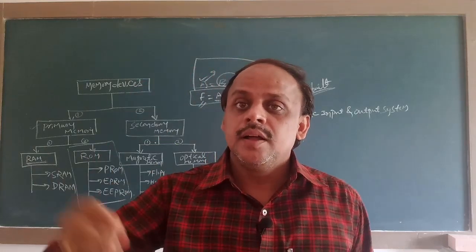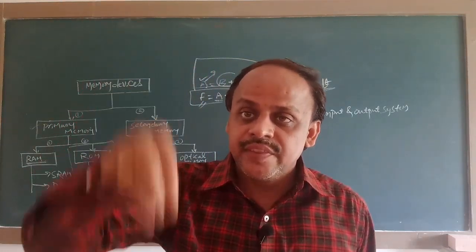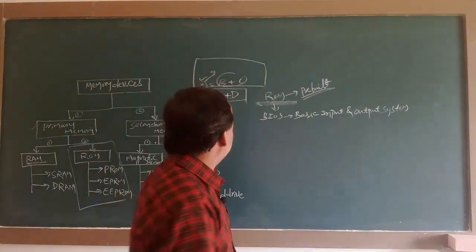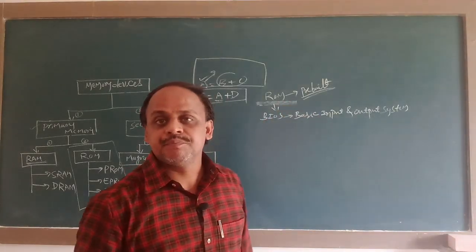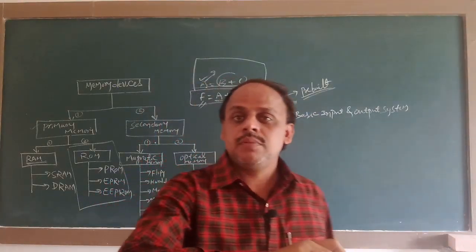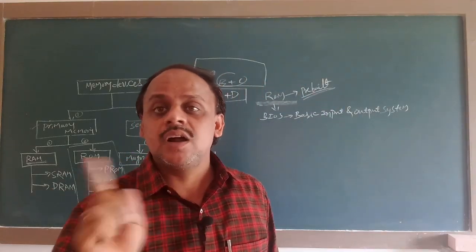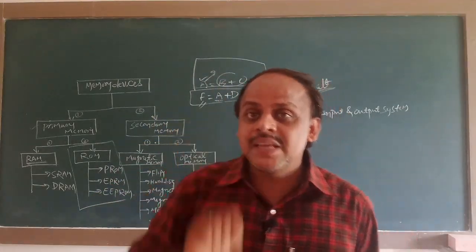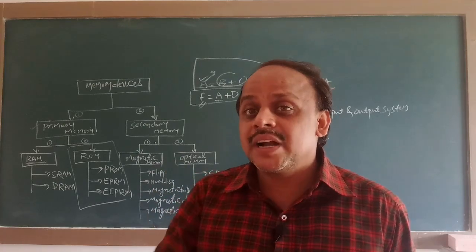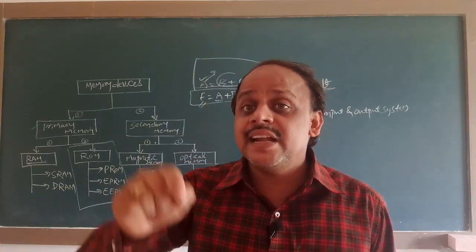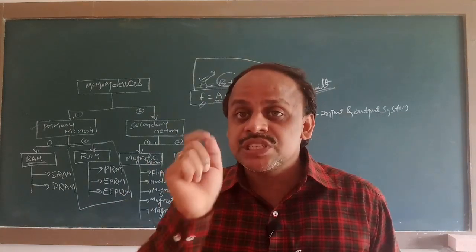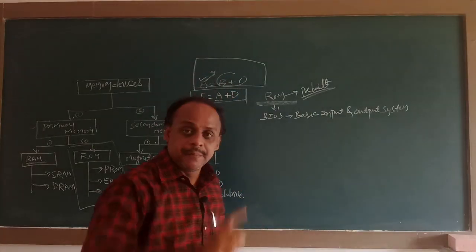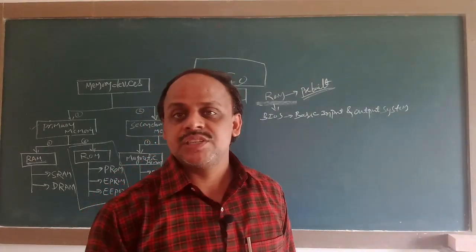So ROM instructions are built by the system manufacturer. Hence they are pre-built. So the content of ROM is pre-built, not entered by the user, whereas RAM content is entered by the user. What does RAM contain? RAM contains intermediate as well as final results, means those instructions are entered by the user, right? Whereas the ROM contents are pre-built, built by manufacturers.